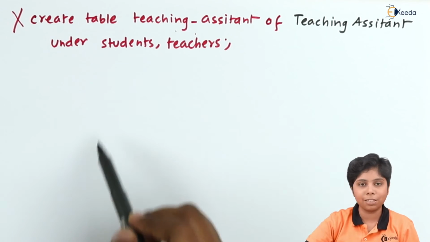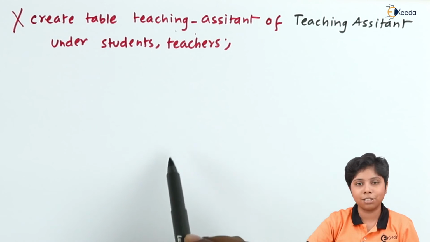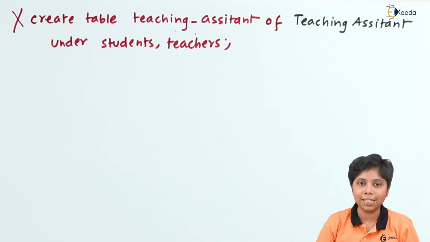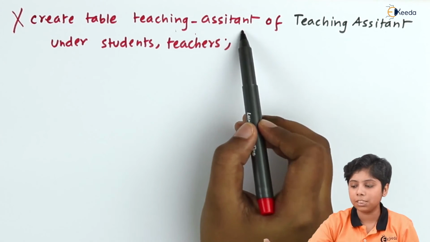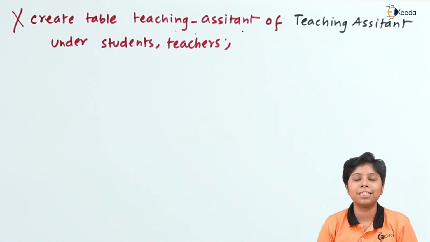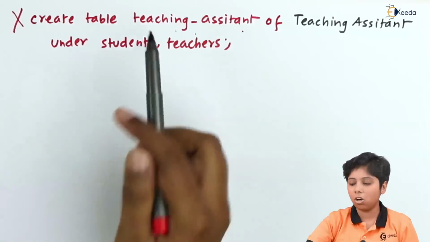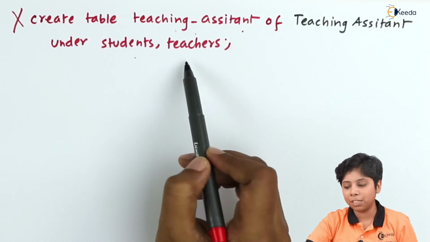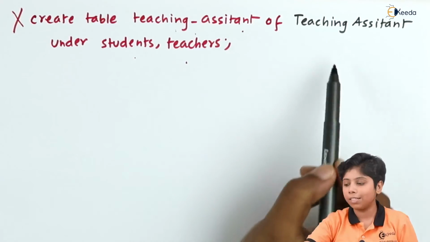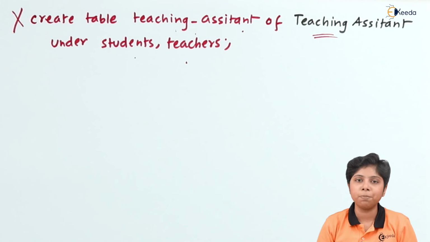First the student's result will be there, then the teacher's result. And surprisingly, the attributes of teaching assistant will also be present in students and teachers, because it creates a multiple inheritance from two tables, where teaching assistant is of type student and teacher.